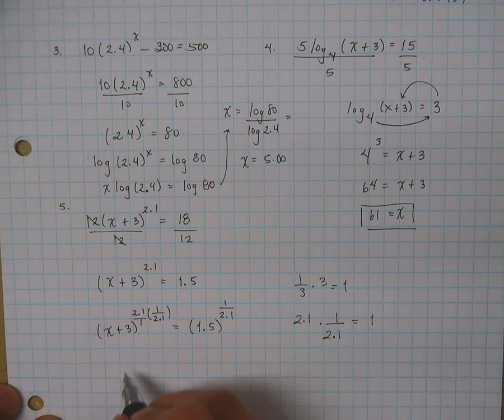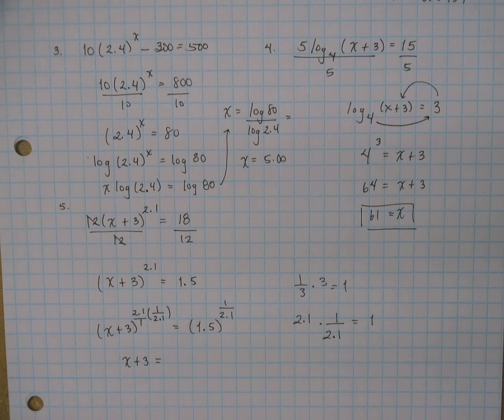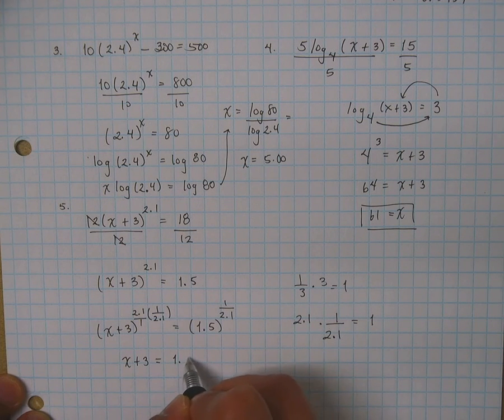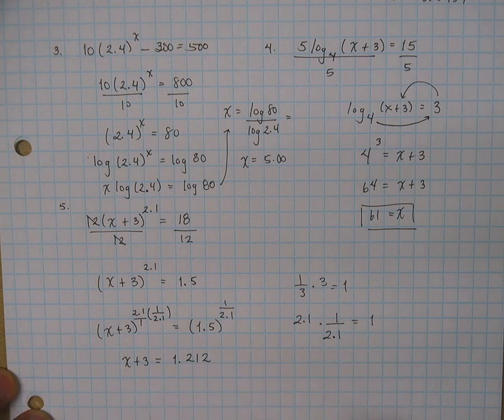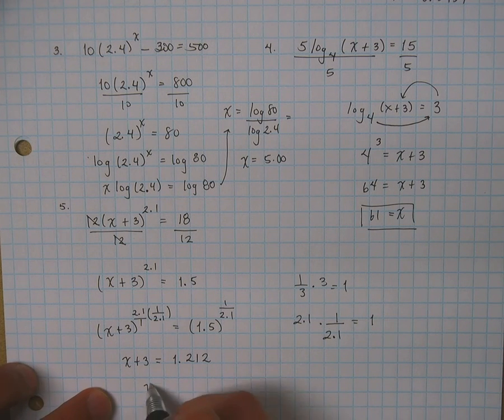And of course, you're going to need your calculator for that. So we're going to be left with x plus 3 equals 1.5 to the power of 1 divided by 2.1. And I get 1.212. So now from here, I go ahead and subtract 3 on both sides. X value is equal to negative 1.787.